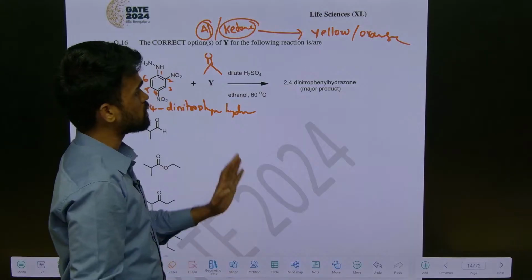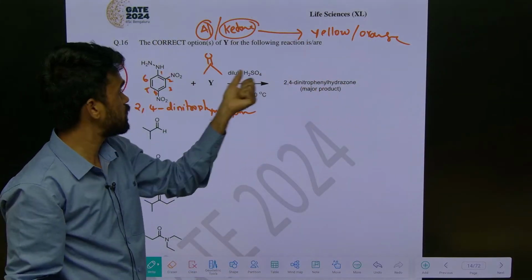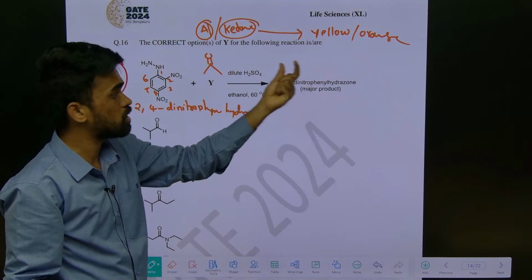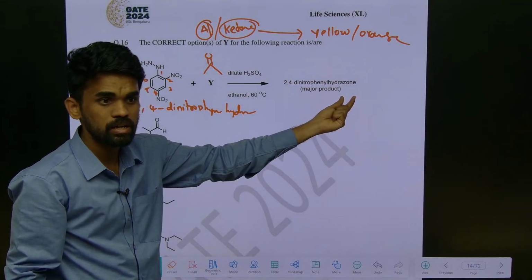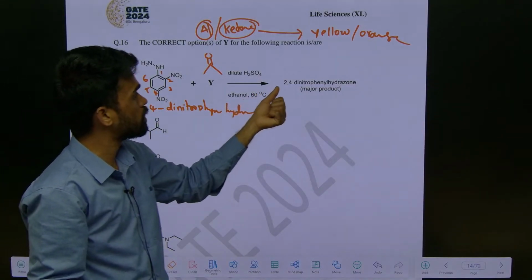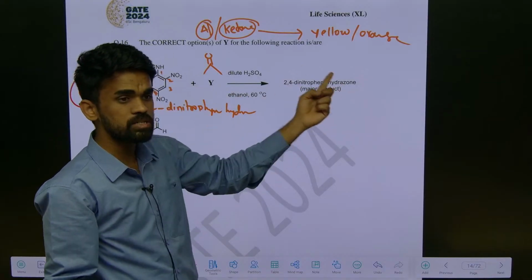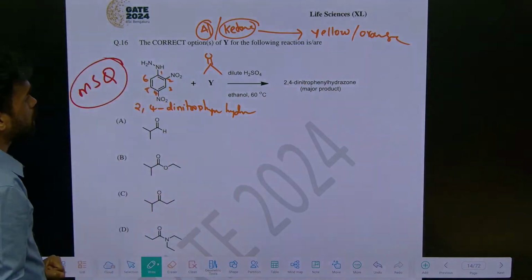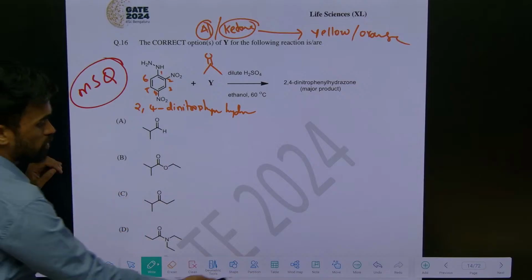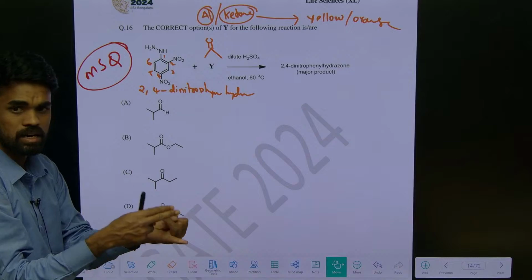The product formed upon treating with ketones or aldehydes is called a hydrazone. 2,4-dinitrophenylhydrazine forms 2,4-dinitrophenylhydrazone. Hydrazine gives hydrazone, that's it. So now from the four compounds you just need to identify whether an aldehyde or a ketone is present.